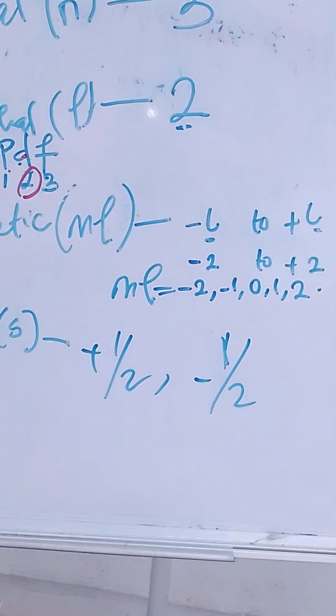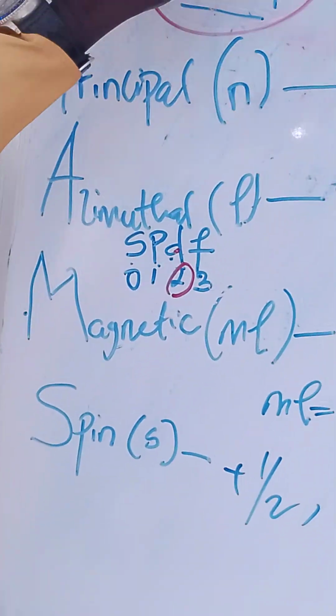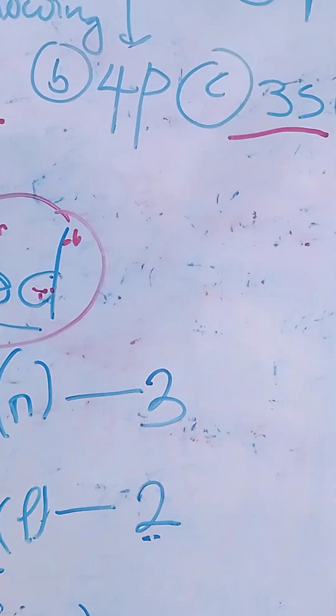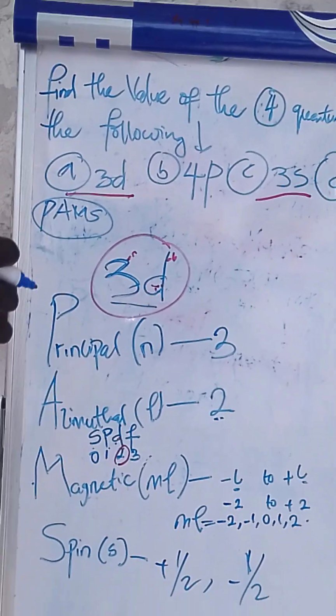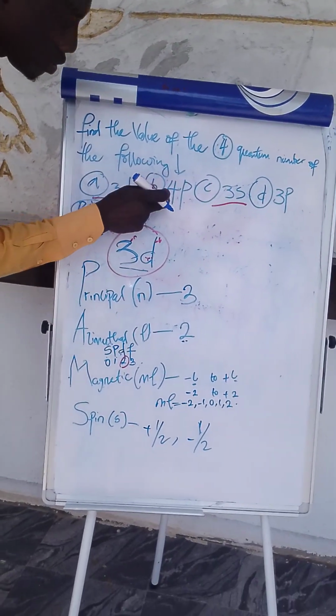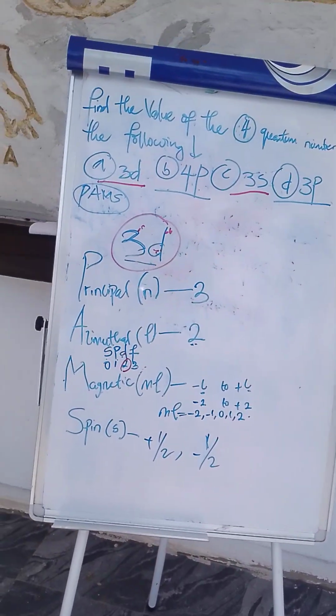So that's that. That's 3D. So I've solved for A, and I'll solve for C. If I've solved for C, you do this and this by yourself.